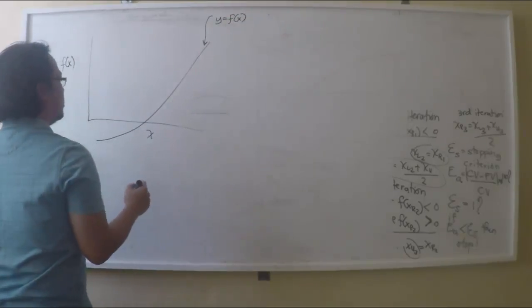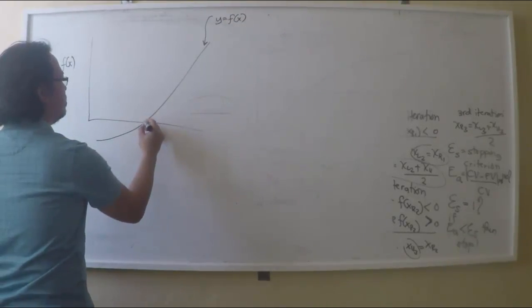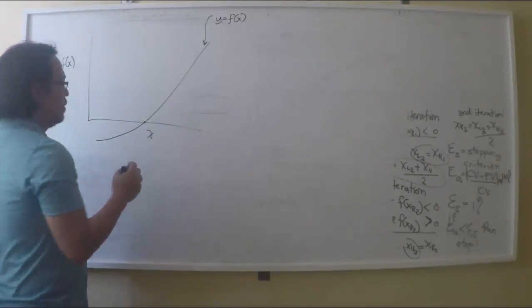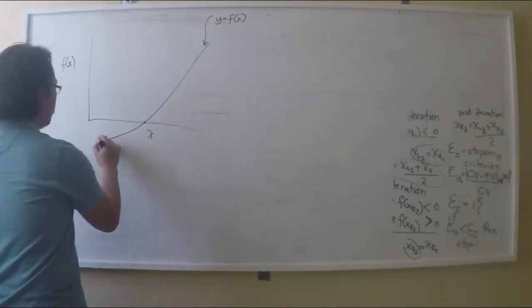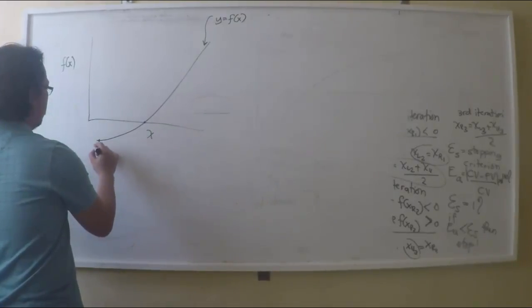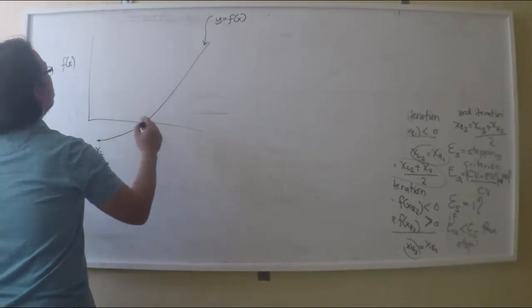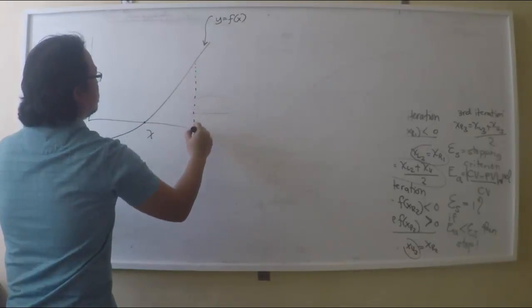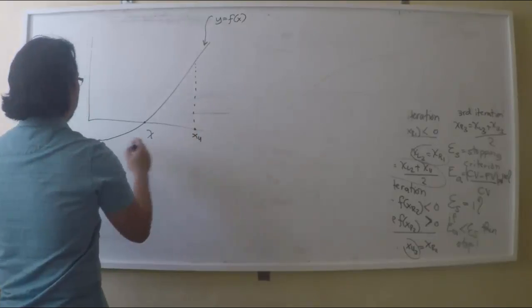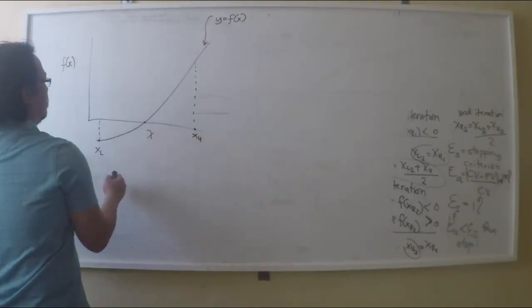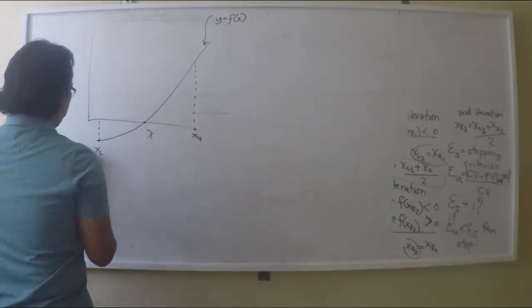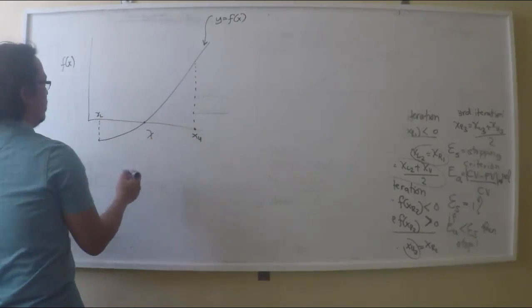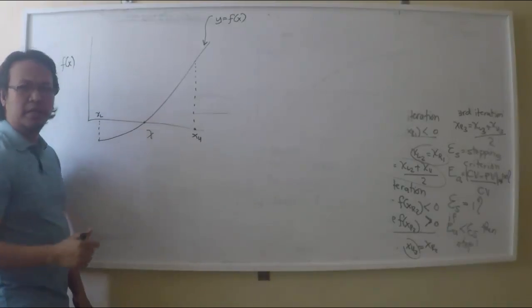Okay, and then this is the true root. But let's say this is your xl here, and probably let's assume that this is your xu. Okay, so it will be better if we write xl here. So this is the example.